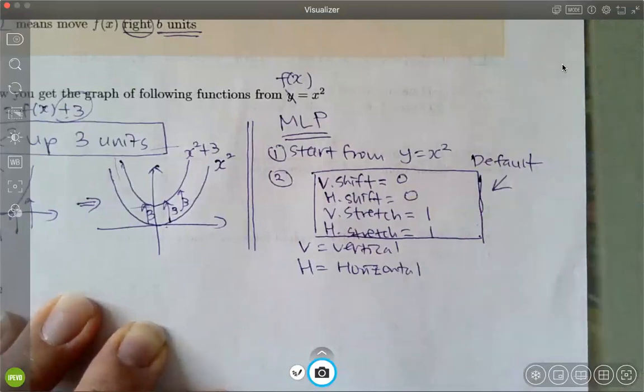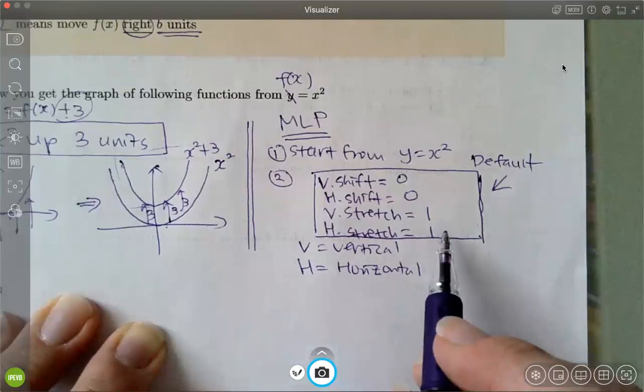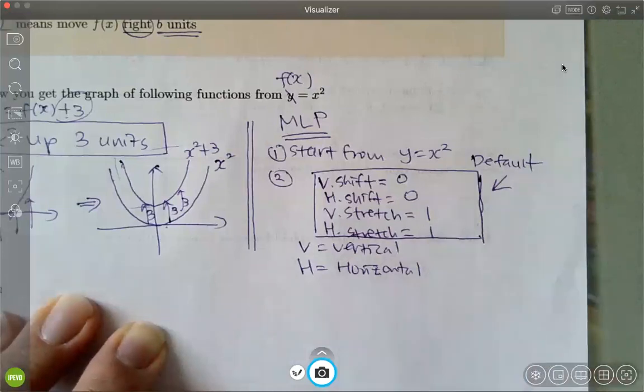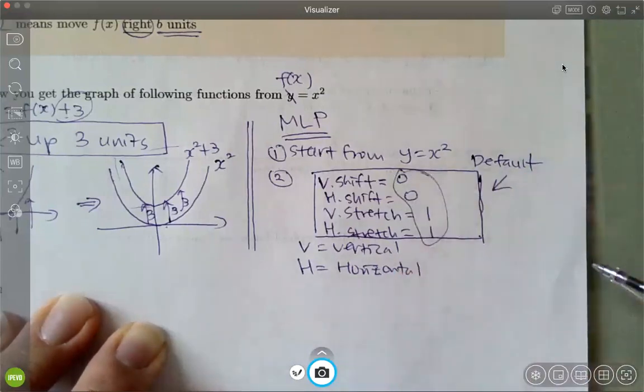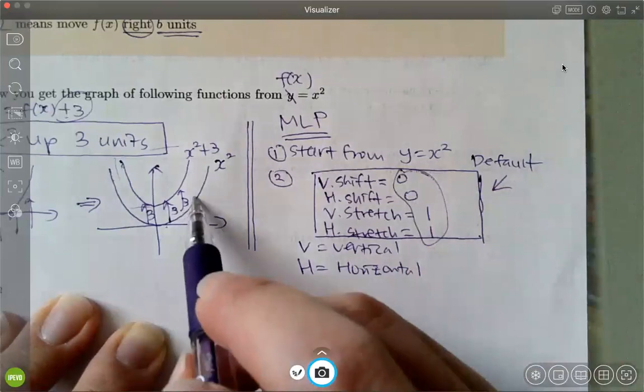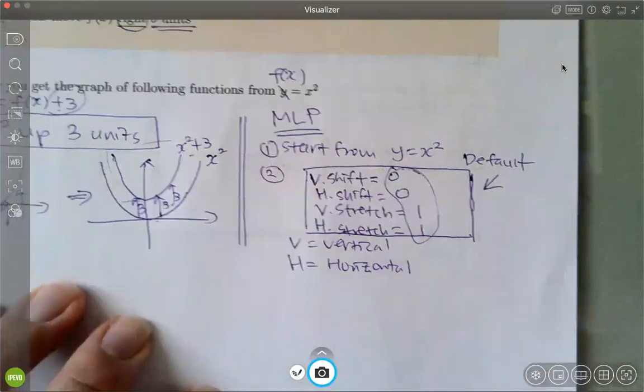And for the stretch, the default setting is 1, which means there is no stretch at all, okay? And once we cover the stretch, I will tell you why 1 is the default setting, not 0, for the stretches. But for right now, that is the default setting. So you have to change these numbers according to what you have done to this new function x squared plus 3, okay?